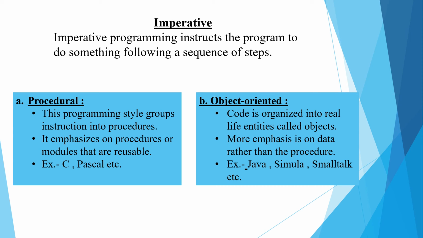The state of an object is modified only by the code that is a part of that particular object. For that we can use different parts of the objects, for example name, salary, join date, birth date, etc. Here the emphasis is more on data than on procedure.